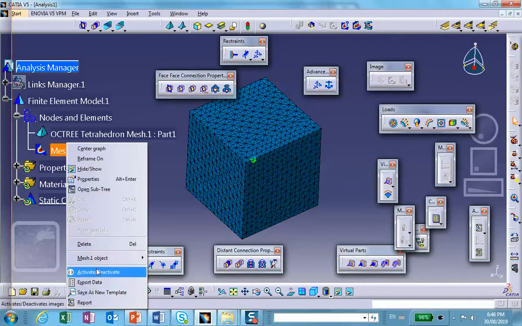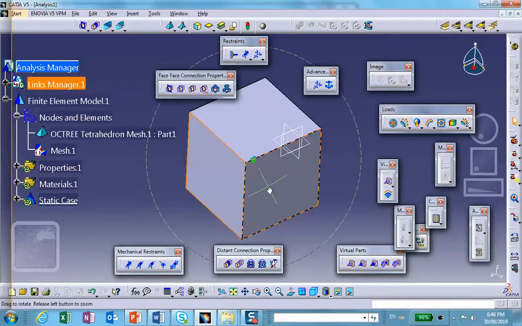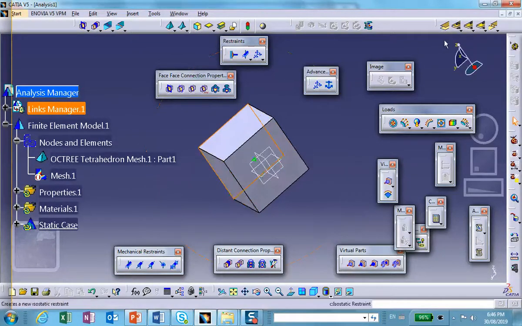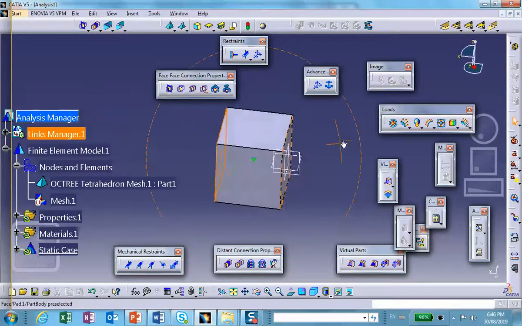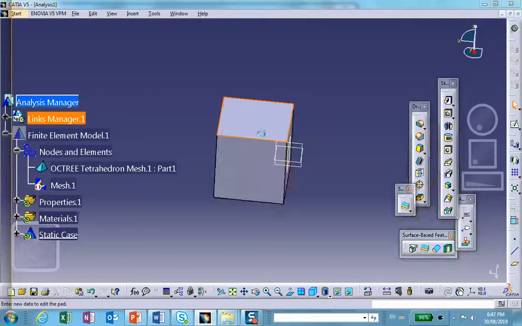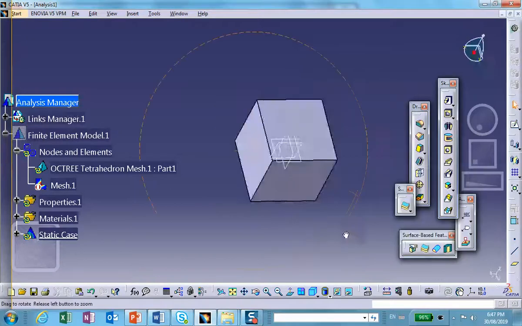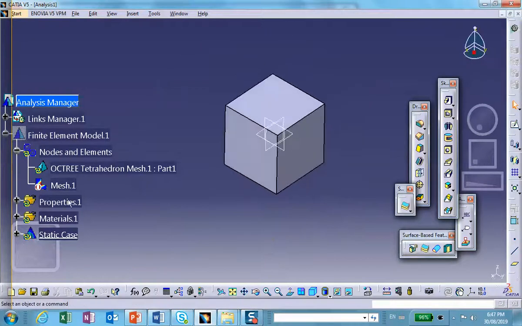By the way, this thing is symmetric with respect to the XZ plane, but I also want to make it symmetric in this direction. So let me go ahead and do a pad instead of a mirror, extend 0.5, so that we have symmetry also at the other end. It just makes it easier when we look at some of the calculations. Okay, back to analysis. There we are. Let me save this.